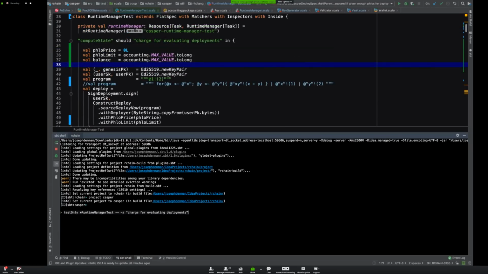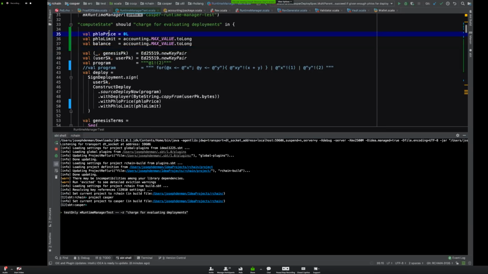So to start out, actually, let me tell you a little bit more about how the pricing works. In order to represent cost in an execution environment in an efficient way, we have this idea of a flow price, and flow is equivalent to Ethereum's gas on RChain.